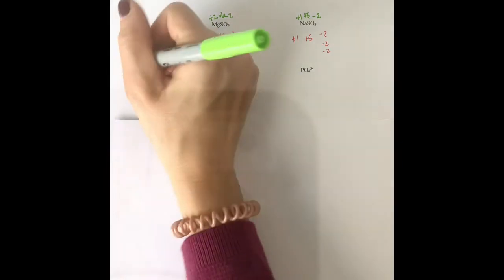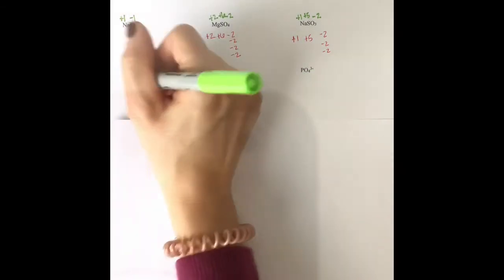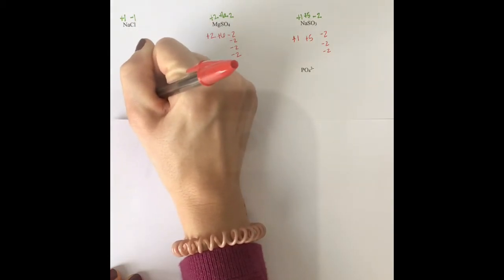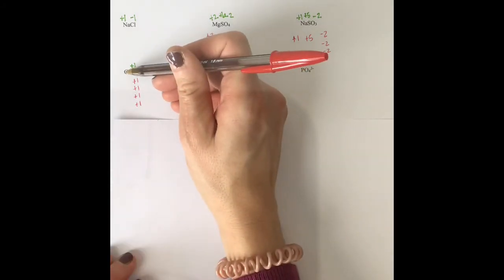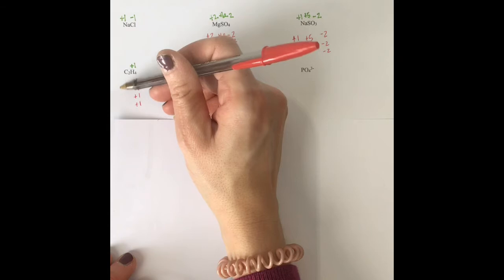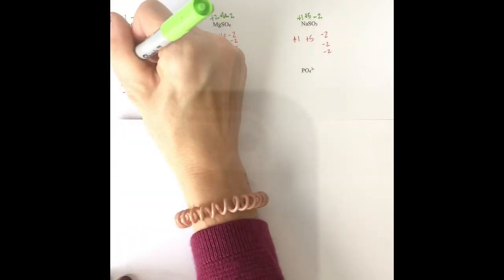If we give hydrogen +1, and there's 4 of them, we have +4. We need to figure out what each carbon should be. We know that overall we need -4, but we have 2 carbons, so each one is going to be a -2 to make this neutral overall.